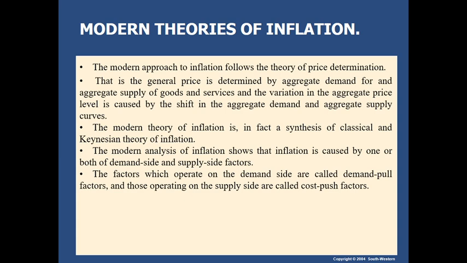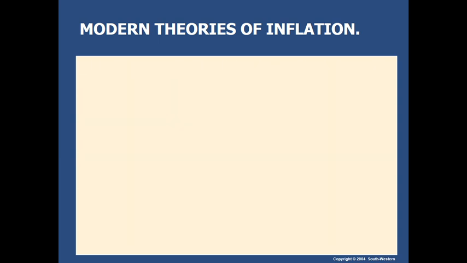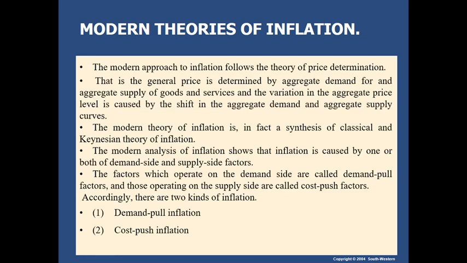So there are demand side factors, known as demand pull factors, and there are factors operating on the supply side, known as cost push factors. Accordingly, there are two kinds of inflation. Which are they? The demand pull inflation and the cost push inflation.